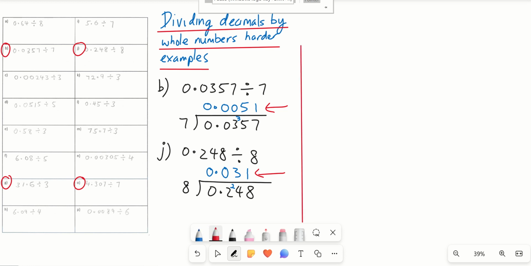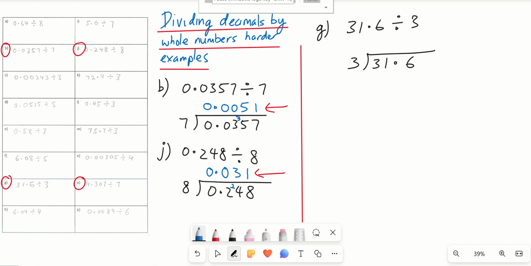We go next to example G. In example G, we have 31.6 divided by 3. So 31.6 goes into the division bracket, and 3 goes on the outside.